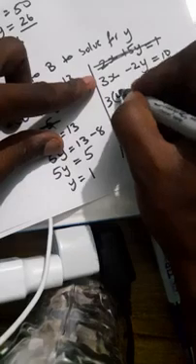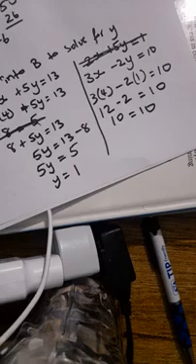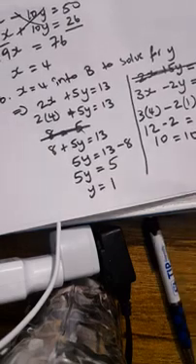Plugging into the first equation, 3x minus 2y equals 10: 3 times 4 is 12, and 2 times 1 is 2, so 12 minus 2 is 10, which equals 10. So the two sides balance. If you want to know your values are right, you just substitute back into any equation that you please.